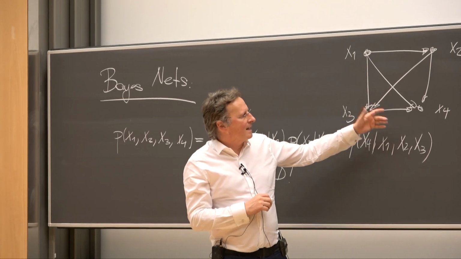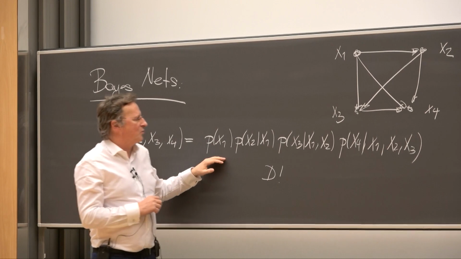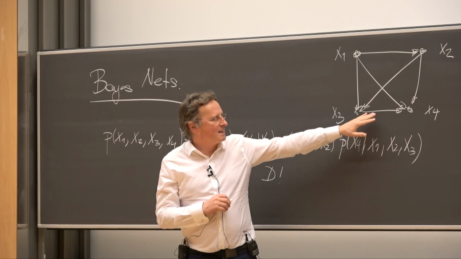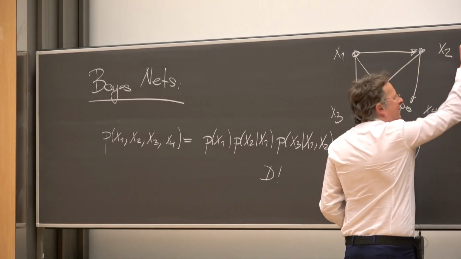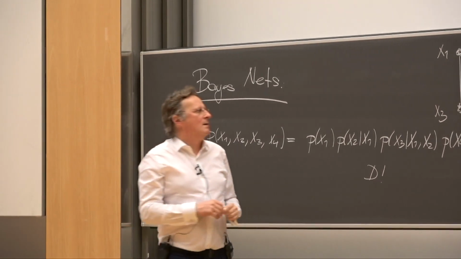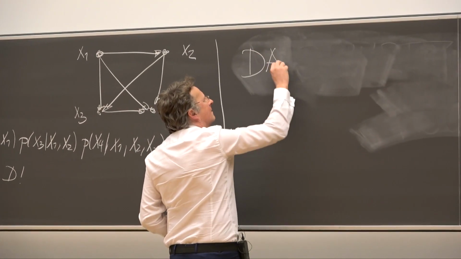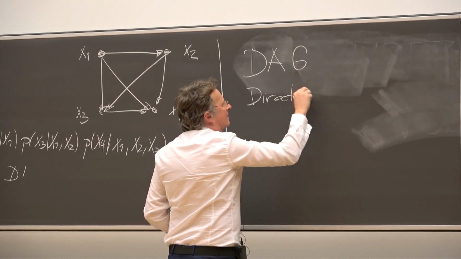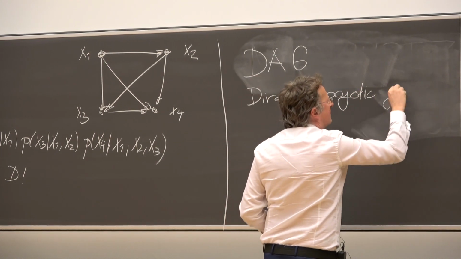It becomes interesting, and we can say interesting things about distributions, if we're not talking about generic distributions, but if in some of these conditionings some of these variables are missing, which means some of these edges are missing. Then things become interesting. So we asked the question, which directed graph corresponds to a probability distribution to validate such a factorization? And we said that this corresponds to what's called DAGs, directed acyclic graphs.